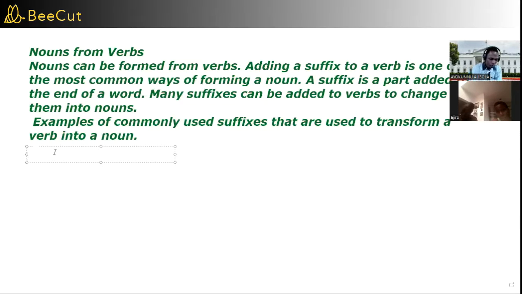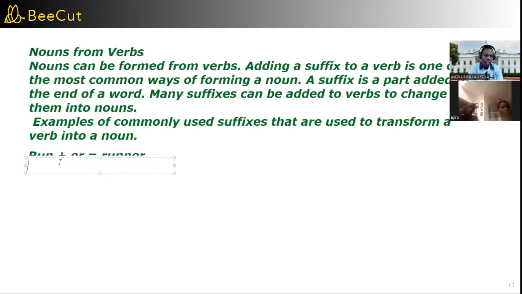So examples: run plus ER gives us runner. Runner is a noun, but run is a verb. By the time you add the suffix ER, it becomes runner. So we can look at another example there.